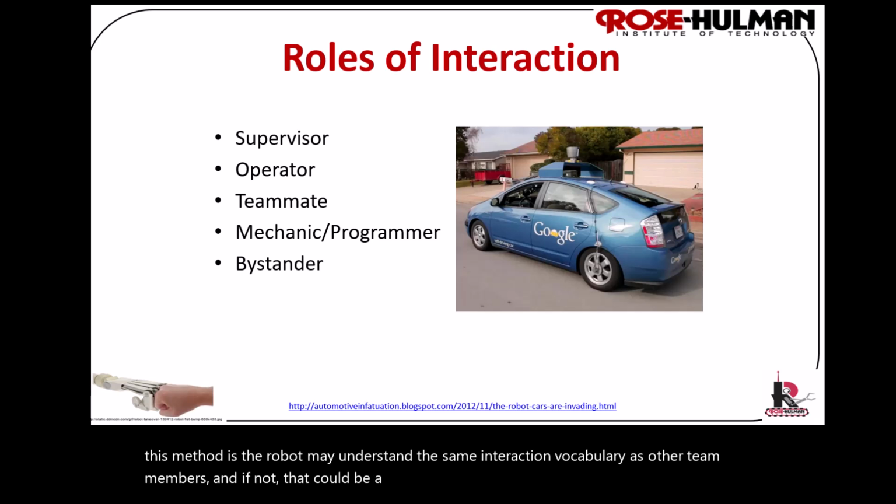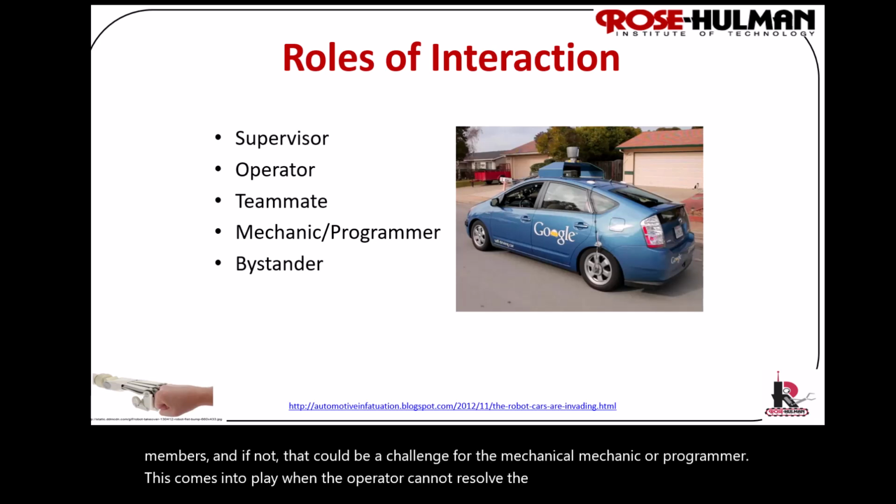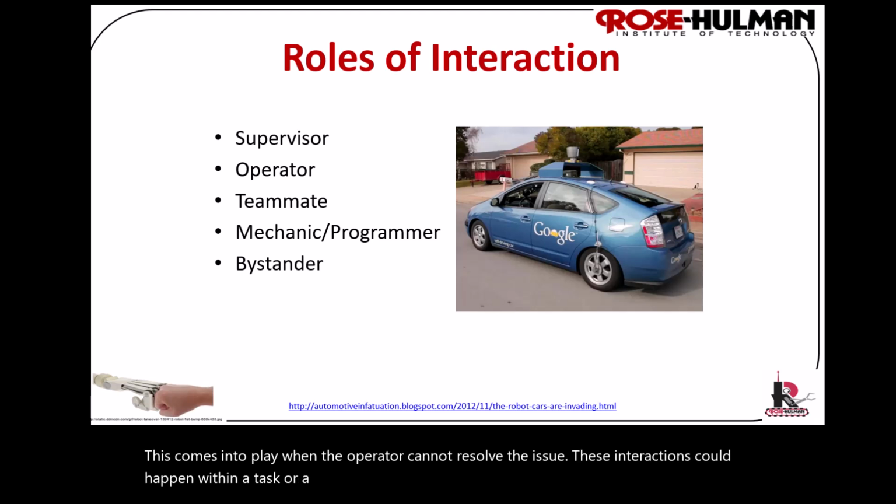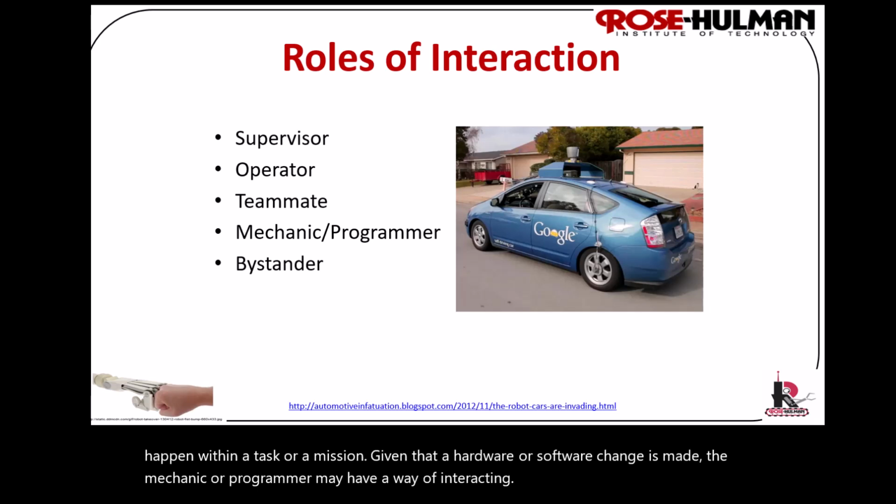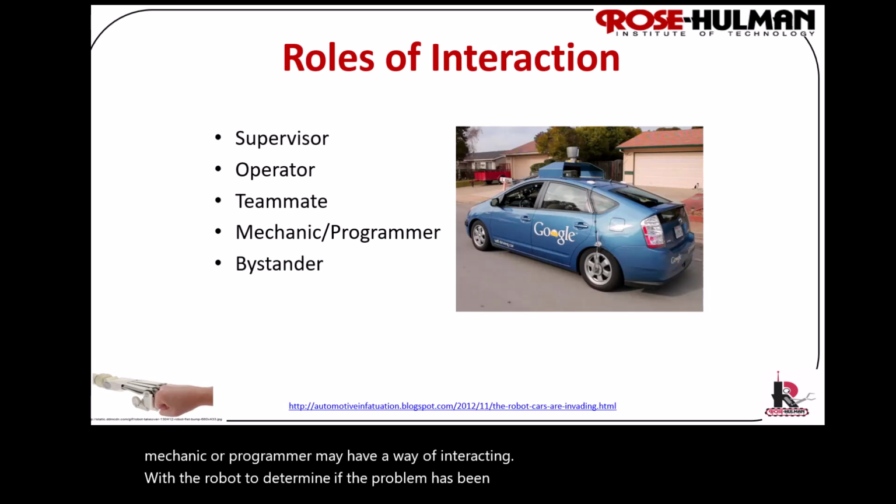For the mechanic or programmer, this comes into play when the operator cannot resolve the issue. These interactions could happen within a task or a mission. Given that a hardware or software change is made, the mechanic or programmer may have a way of interacting with the robot to determine if the problem has been solved, like going into the internal workings of the code.